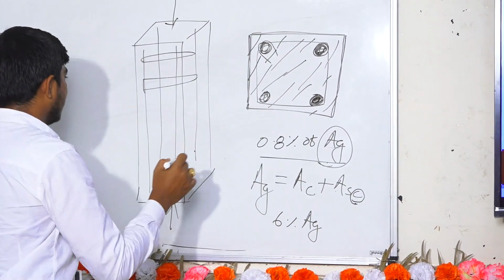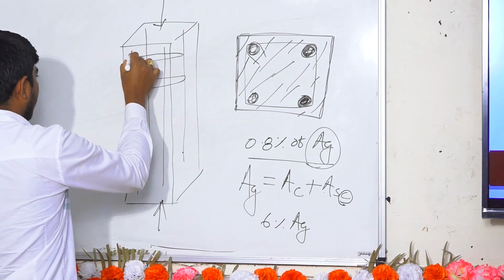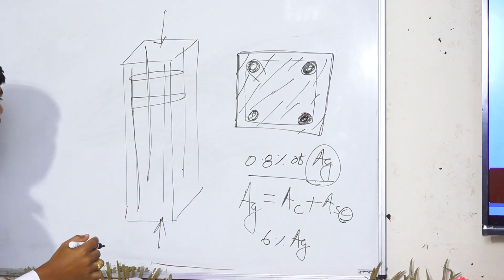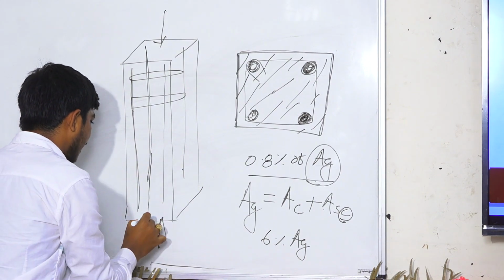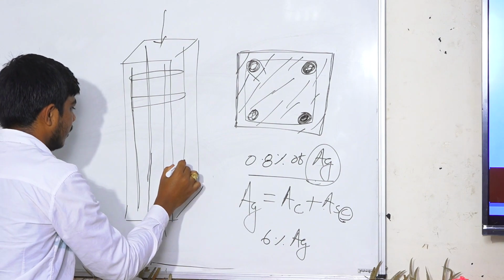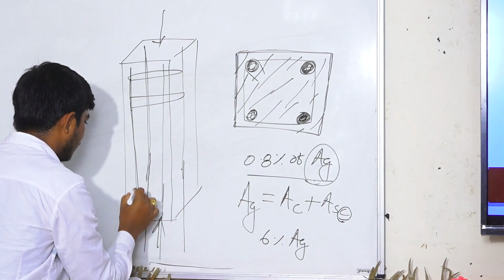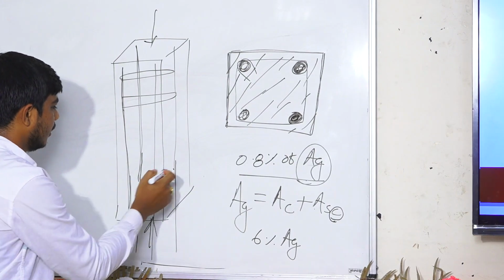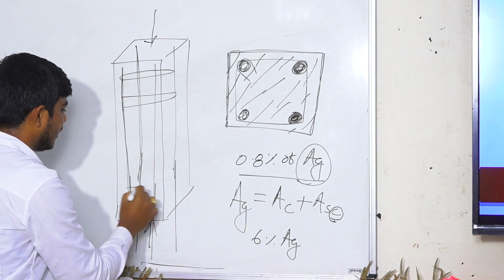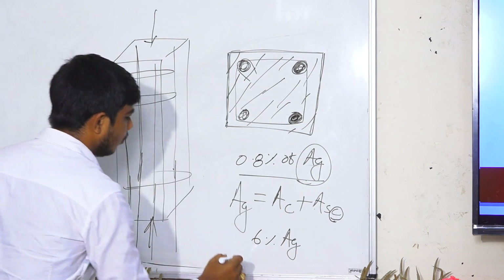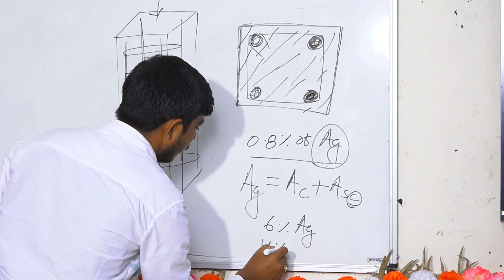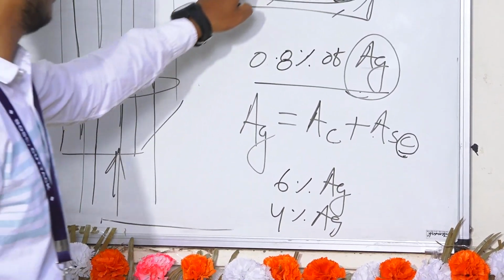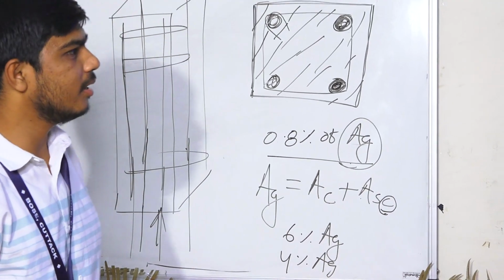In case lapping is done, like we don't have longitudinal reinforcement of much length, when we increase the length of the reinforcements, here we have to do lapping, like we have to tie together the longitudinal reinforcement. In this case we should not go more than 4% of Ag. So these are how much maximum and how much minimum reinforcement we can provide in a column.